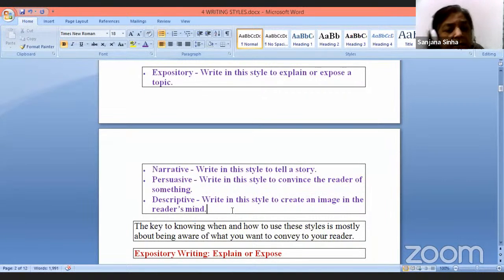So in this style of writing, the writer creates a picture in the mind of the reader. It lays out the complete picture in the mind of the reader. The main purpose is to create a picture.